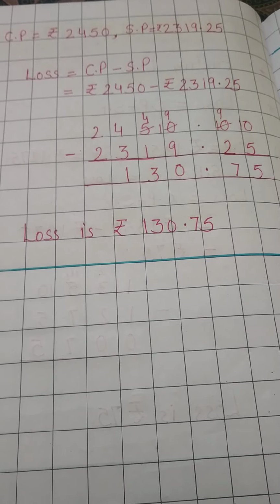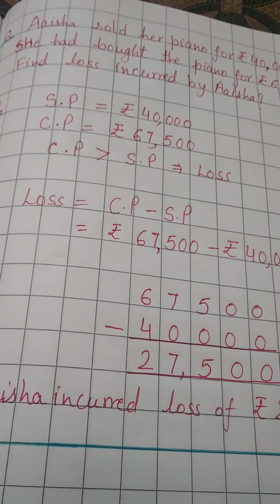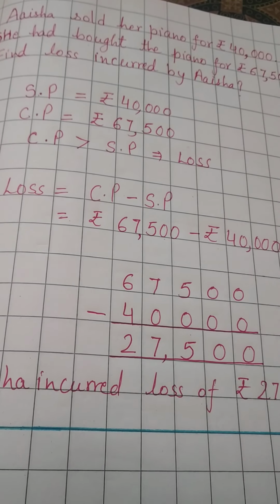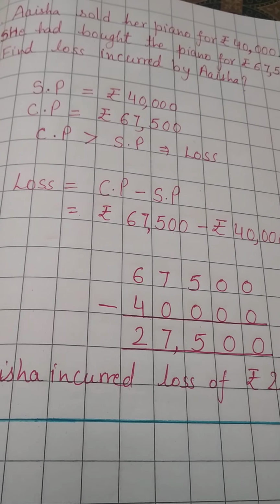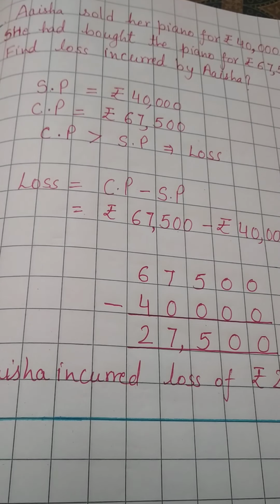Think about it. Another question I have taken is a word problem. The question is: Aisha sold a piano for rupees 40,000. See, here sold is written, that means selling price is there. While reading the question, understand it properly and think about what is given to you.